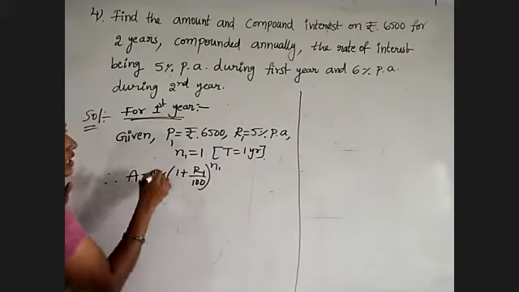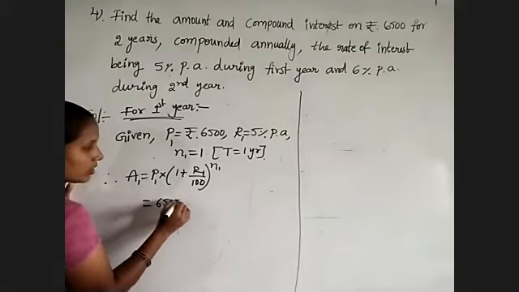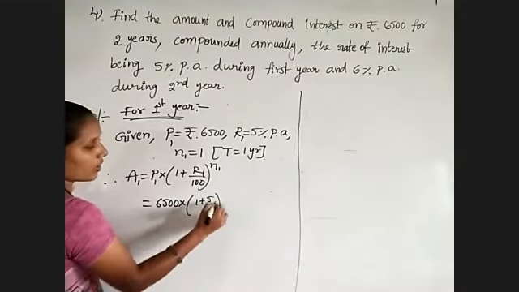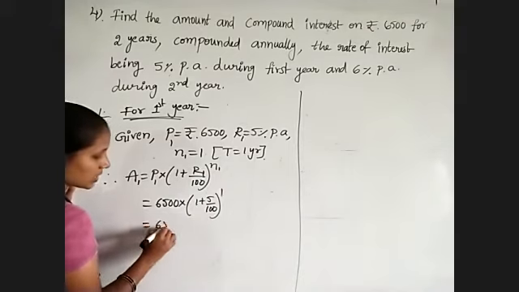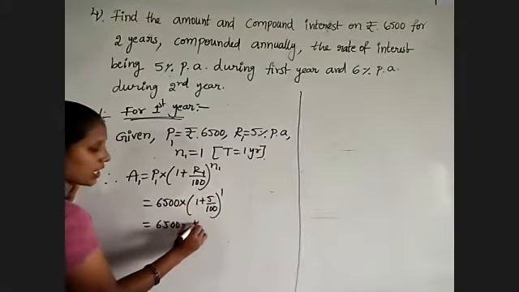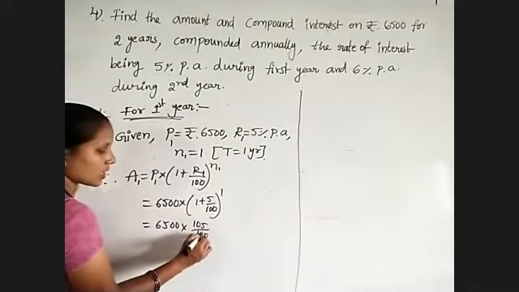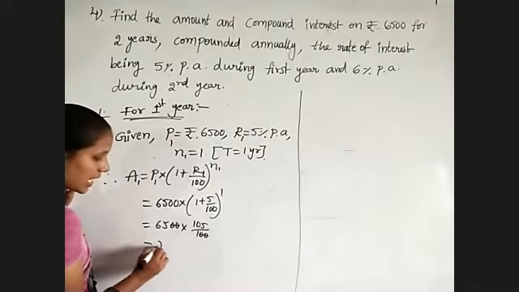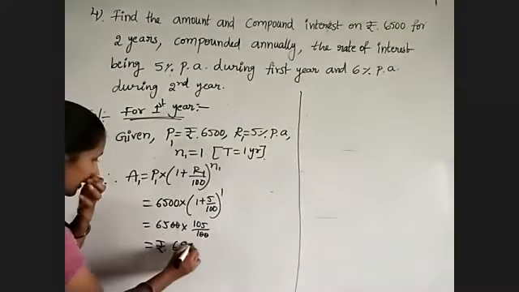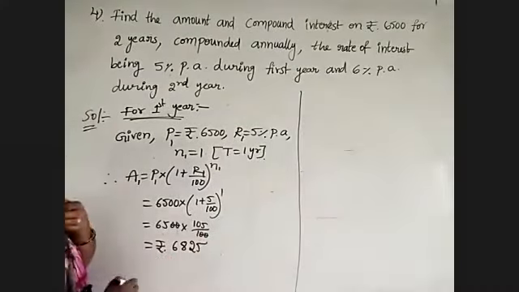P1 is 6,500 into 1 plus 5 by 100 whole to the power of 1. That's all. 6,500 into 100 plus 5 is 105 by 100. 2 zeros will get cancelled. Just now we did this calculation and we got 6,825 rupees.